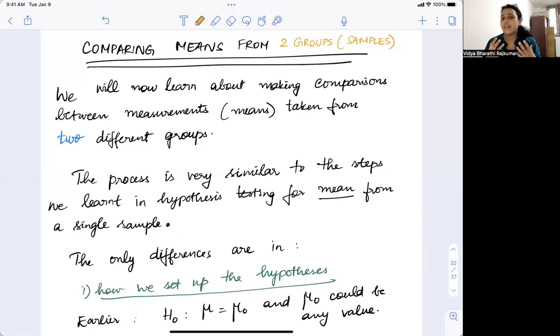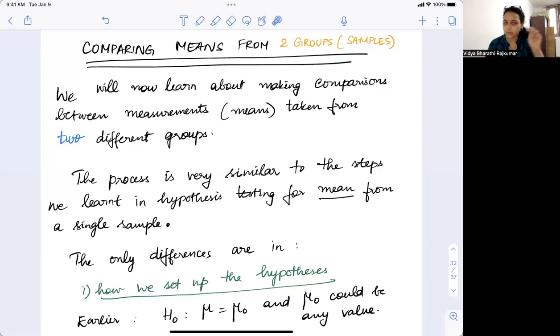If we are interested in checking if a statement like that about a population parameter is true or not, we could use the principles of hypothesis testing to examine those conditions also. So right now, we're going to look at the scenario where we try to make comparisons between measurements taken from two different groups.